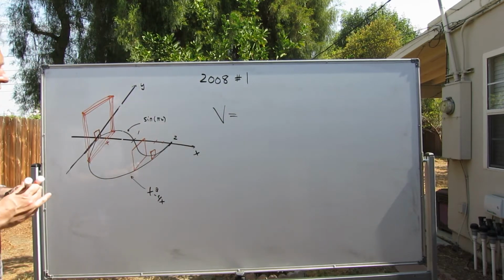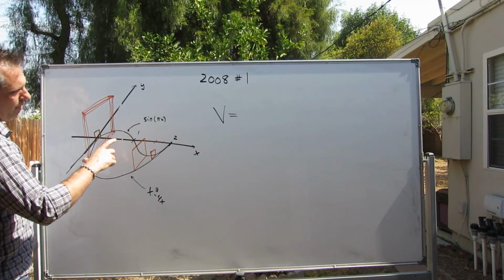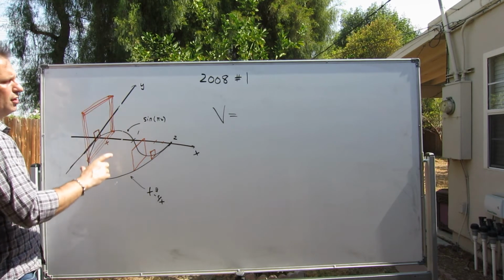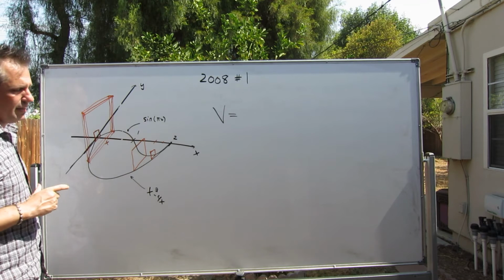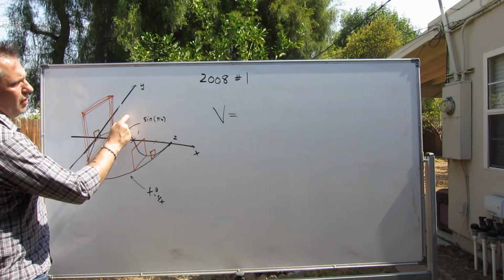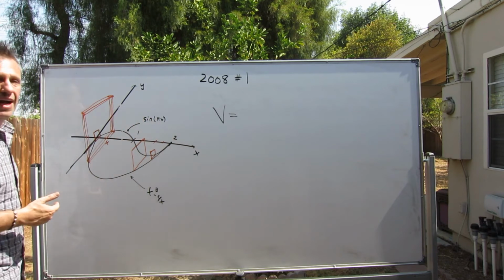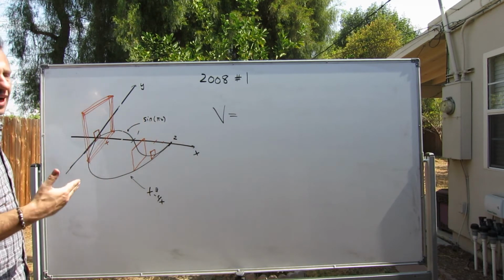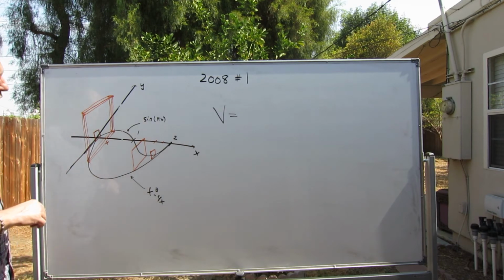So you should be able to tell that no matter where I pick x, the base of this rectangular prism that I'm making here has a width that is the top function, sine of pi x, minus the bottom function. Then that also becomes the height of my rectangular prism with the width of delta x.